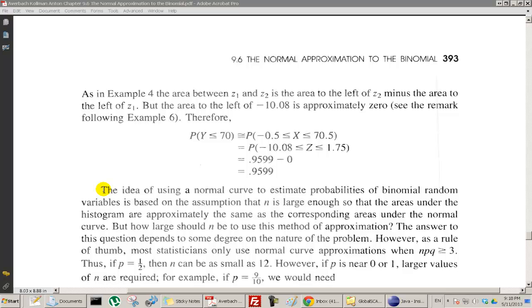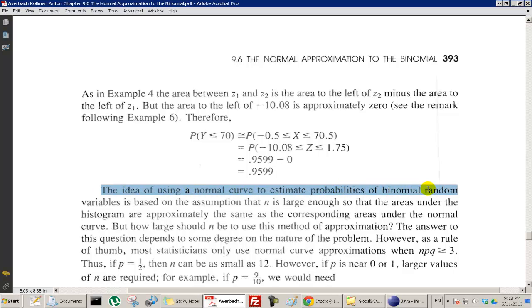And finally, we mention when it is appropriate to use the normal curve to approximate a binomial random variable. The idea of using a normal curve to estimate probabilities of a binomial random variable is based on the assumption that n is large enough so that the areas under the binomial histogram are approximately the same as the corresponding areas under the normal curve.